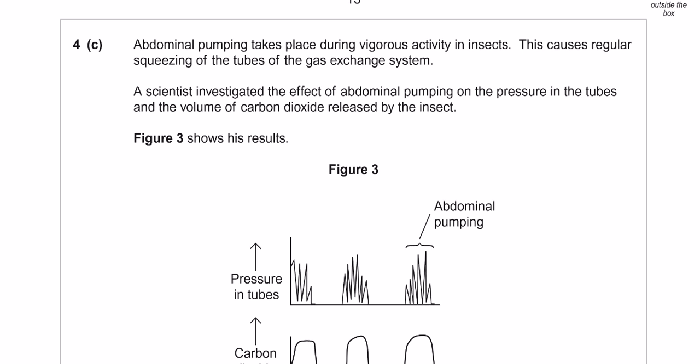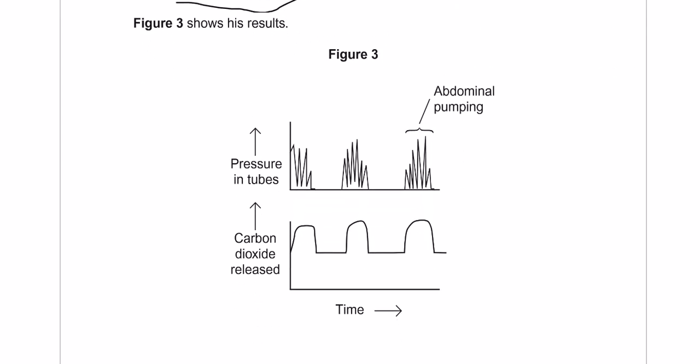So question 8c talks about abdominal pumping, which takes place during vigorous activity in insects. Okay, so there's lots of information here about what it is, and the fact that the scientists measured the pressure in the tubes and the volume of carbon dioxide released. Okay, so they give you some nice information there.